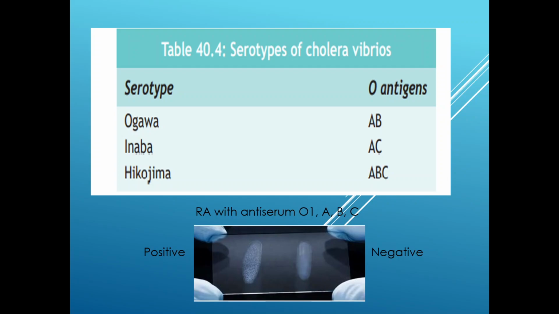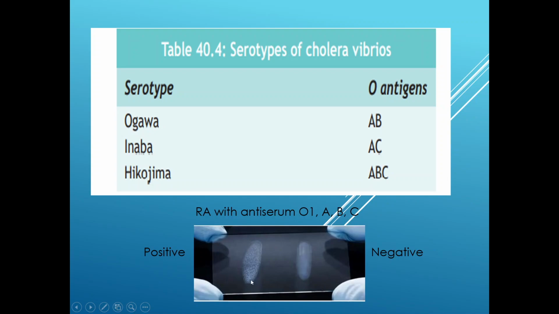What is the principal reaction for classification by serovariants, serotypes of cholera Vibrios? This classification of different antigens is done by agglutination reaction with antiserum O1, antiserum A, B, and C. If you see a positive reaction with O1, A, and B antigens, it's the Ogawa serotype.